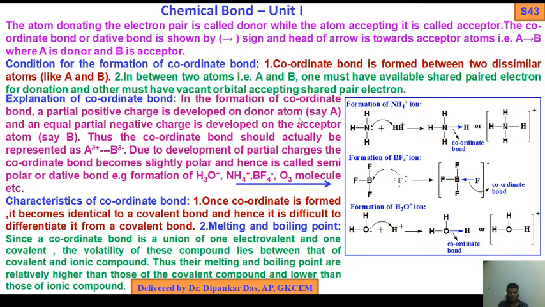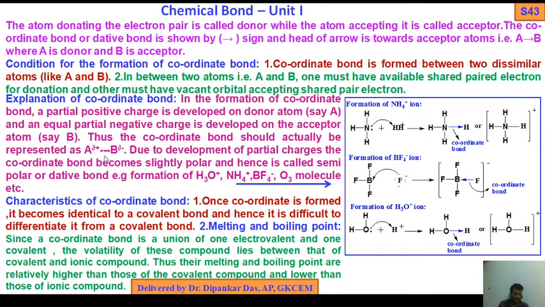In the formation of coordinate bond, the partial positive charge is developed on donor atom, say A, and equal partial negative charge is developed on the acceptor atom, say B. Thus, the coordinate bond should actually be represented as A delta plus bond B delta negative.